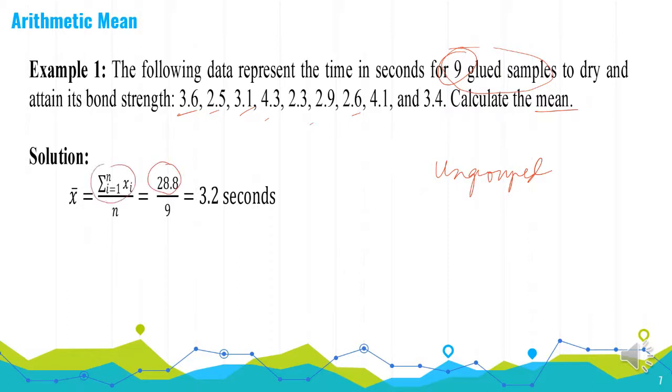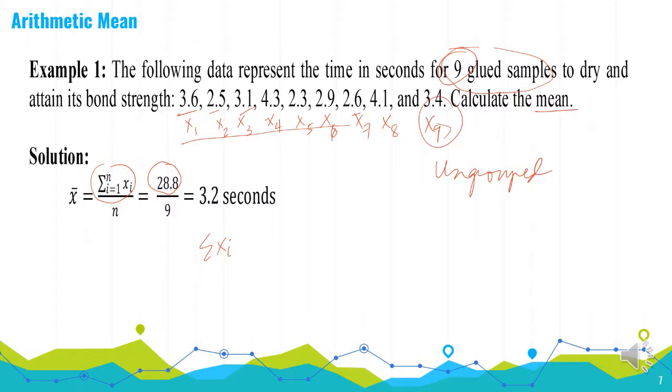Kapag sinabi natin summation of xi, eto kasi yung x sub 1, x sub 2, x sub 3, okay? X sub 6, x sub 7, 8, and 9. So, kapag sinabi natin i is equal to 1 to n, buo, lahat sila hanggang sa last data.